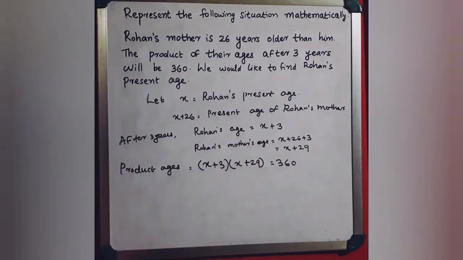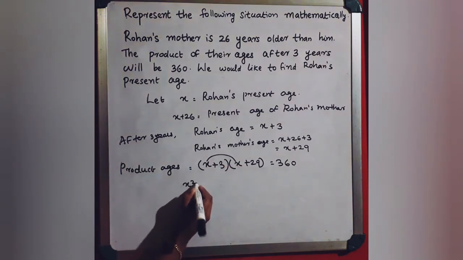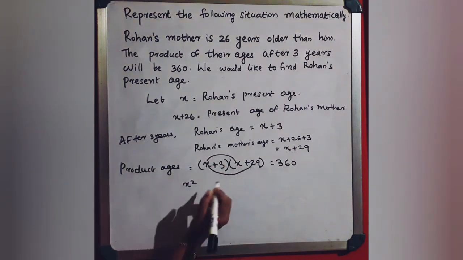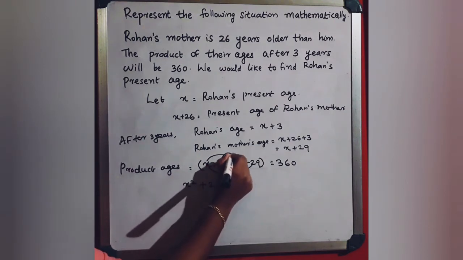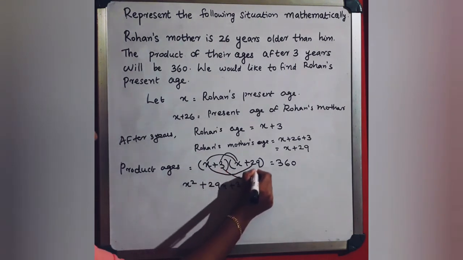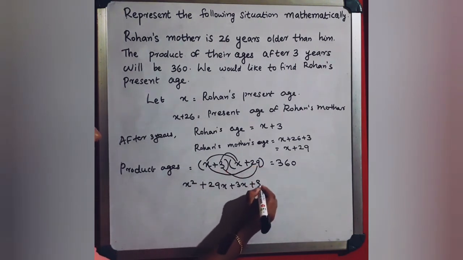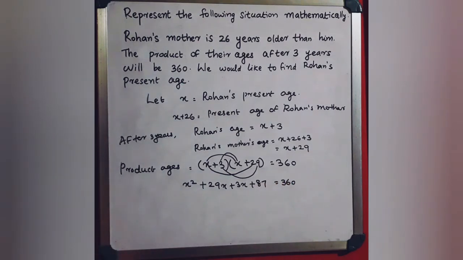Now just open the bracket, we get x into x, that is x square, x into 29, that is 29x, 3 into x, that is 3x, 3 into 29 is 87, is equal to 360.